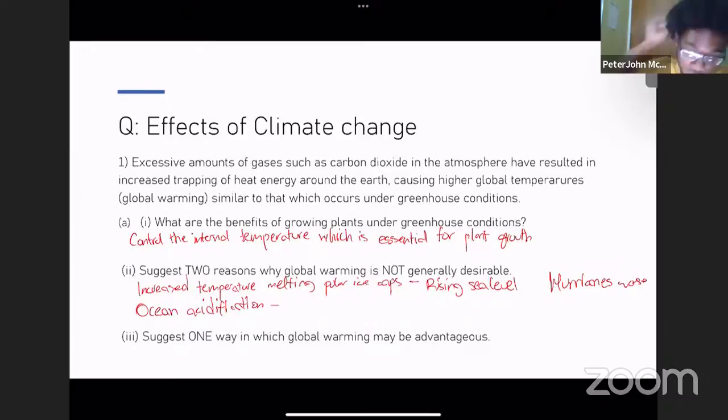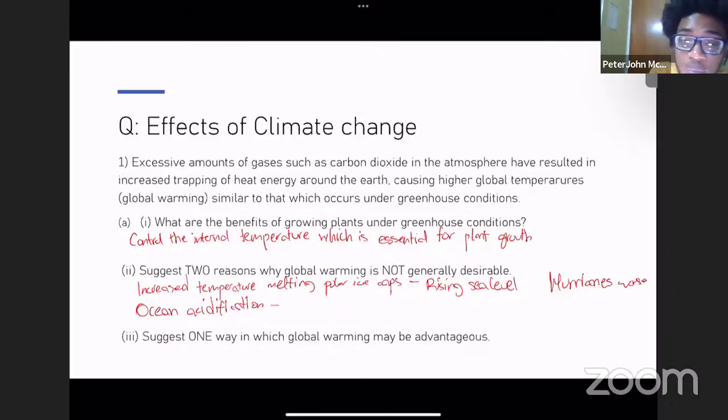So with respect to the ocean, that body of water, it's the exact same thing. In that body of water, you have gases like carbon dioxide being dissolved in there. When carbon dioxide is dissolved in water, it forms a weak acid. So if it's hotter, just like with the sugar, you can dissolve more carbon dioxide.